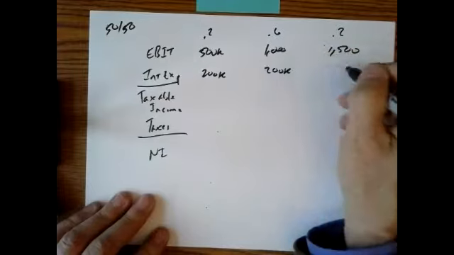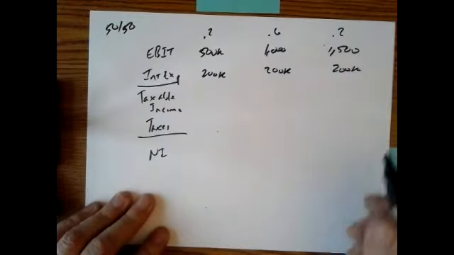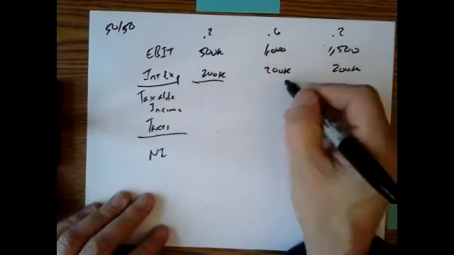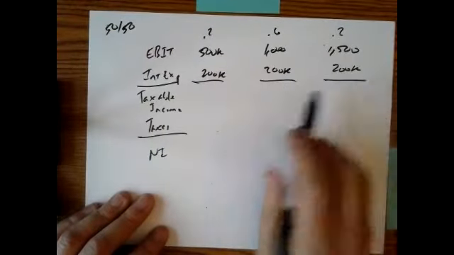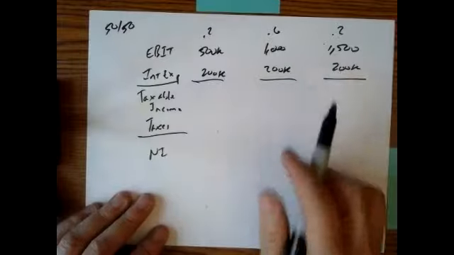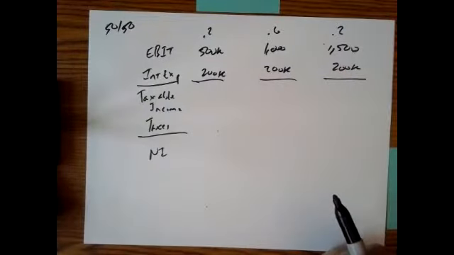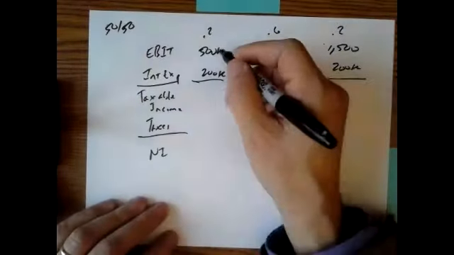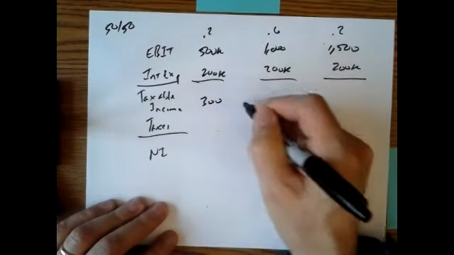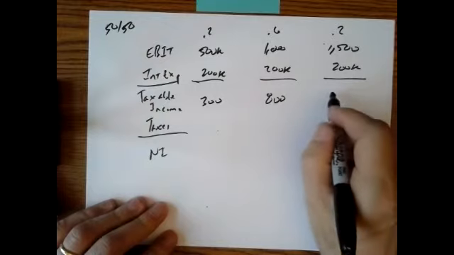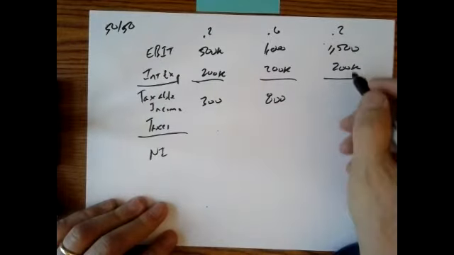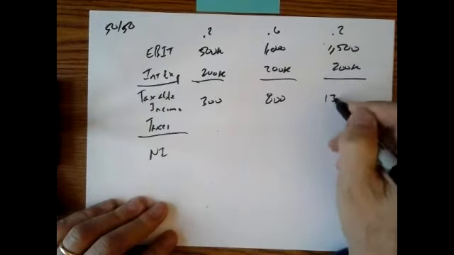And why is that? Because the amount of debt you have doesn't vary with the different possible outcomes for your operations. These are two separate things. So taxable income then becomes 300, 800, and 1,500 minus 200 is 1,300.